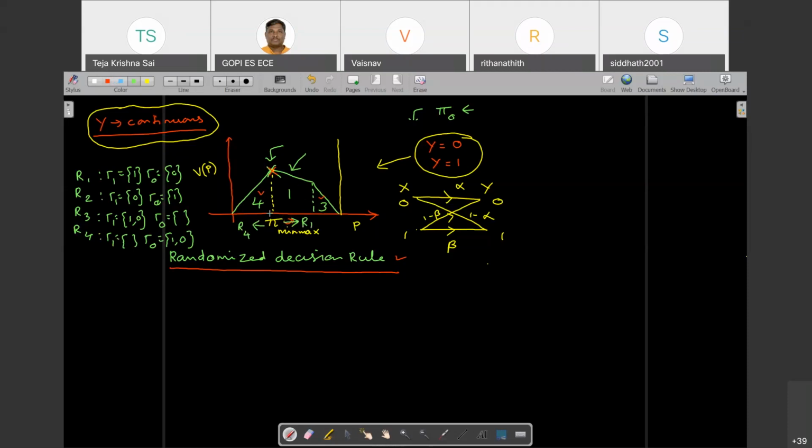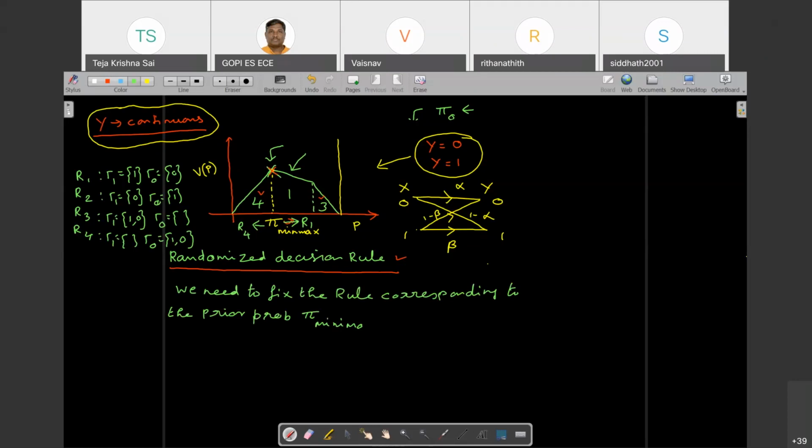So at this point, what is the rule I have to fix? That is what we need to know. We need to fix the rule corresponding to the prior probability by minimax.